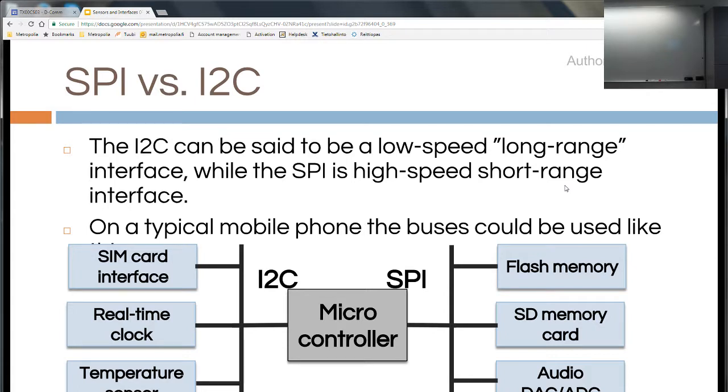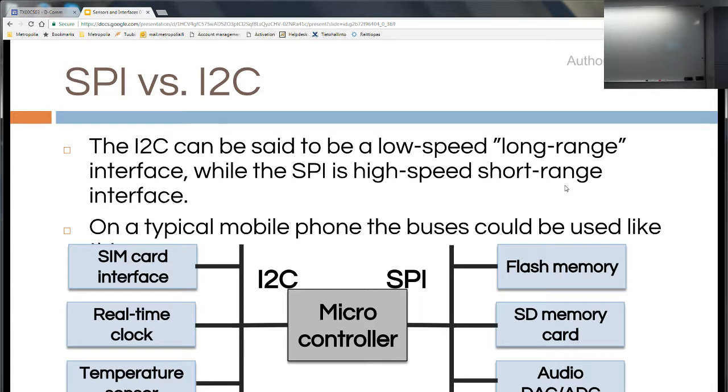So a SIM card has, yeah, I2C. No need for speed there. And again, because of that address, it also brings a little bit more security on that one. Not much, but a very little bit of security. You can lock a SIM card. Okay, you can, and it doesn't work anymore. Except you can hack it with the I2C. Don't do it.